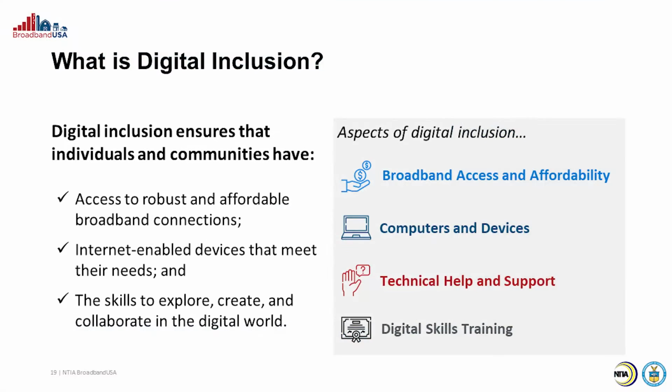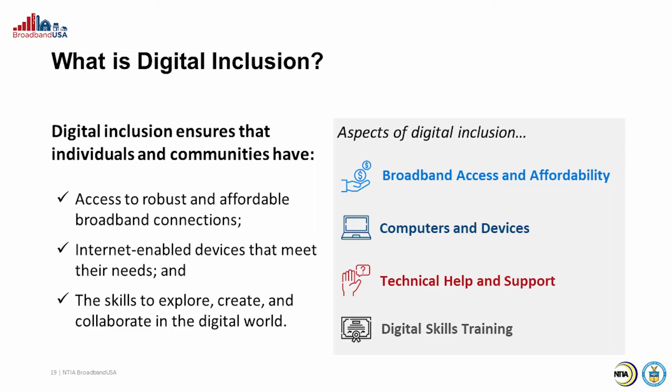So let's talk about digital inclusion just for a second. Digital inclusion ensures that individuals and communities have access to robust and affordable broadband connections, and that the internet-enabled devices meet their needs, and that they have the skills to explore, create, and collaborate in the digital world.